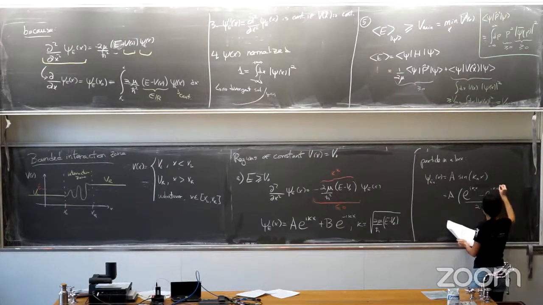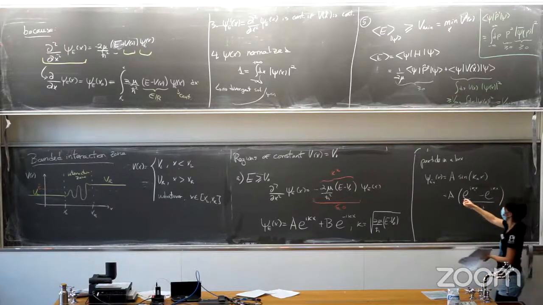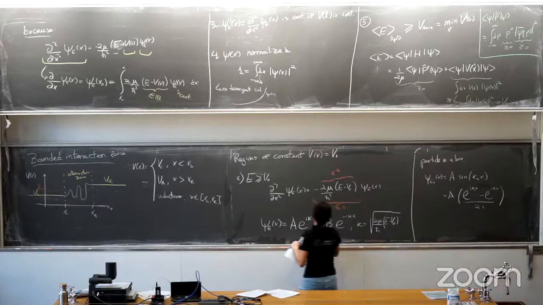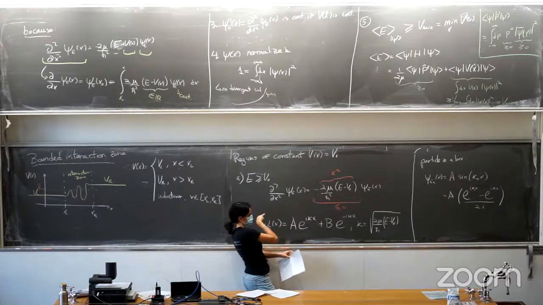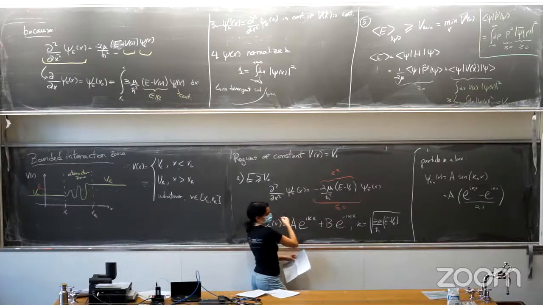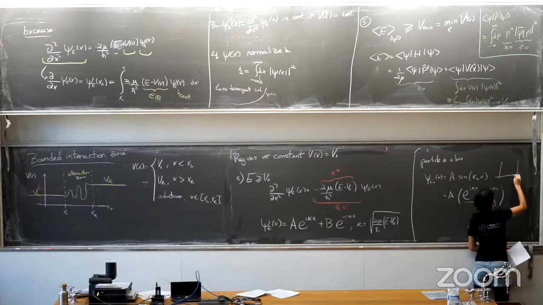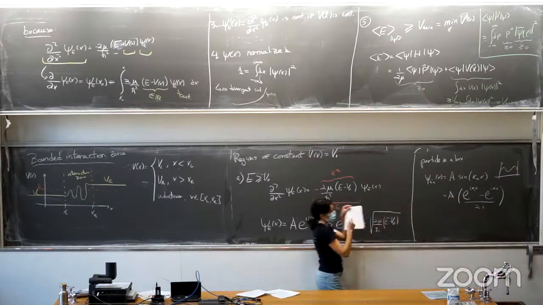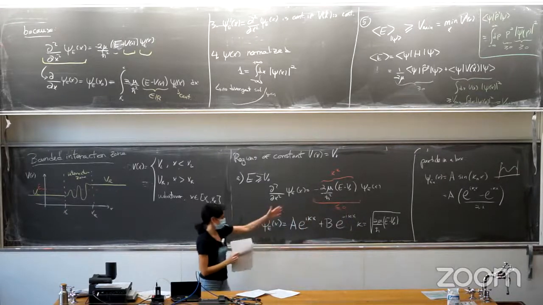That's just the definition of sine in terms of exponential. So you can think of it being the superposition of a wave moving in this direction and the wave moving in that direction, right? So you had your box and you had something like this, and you can think of it as a wave moving this way and the wave moving that way meet, and the result is a sine function.